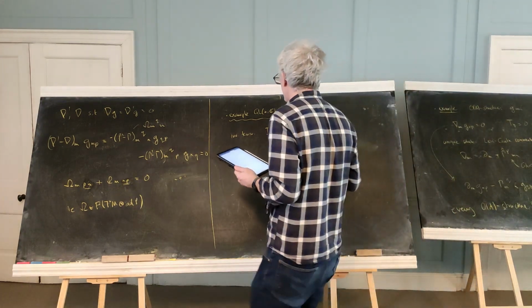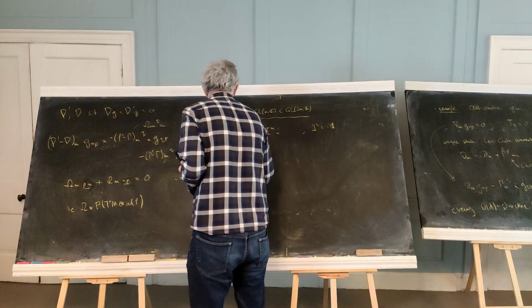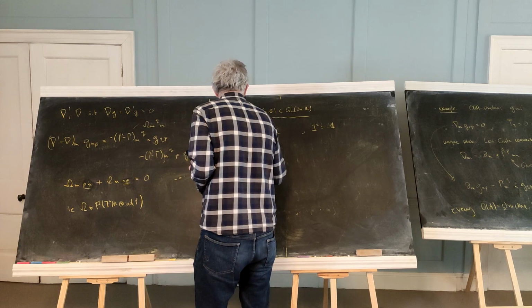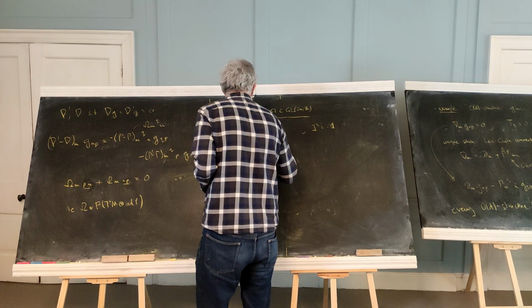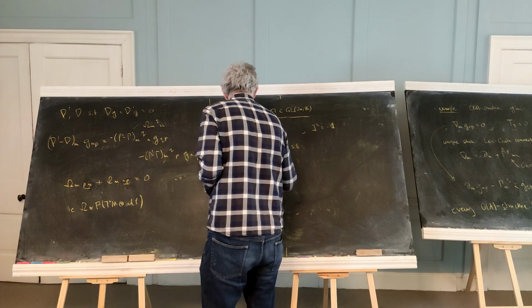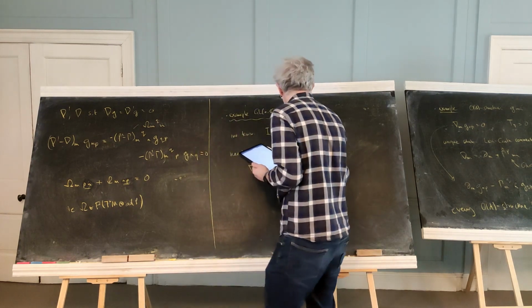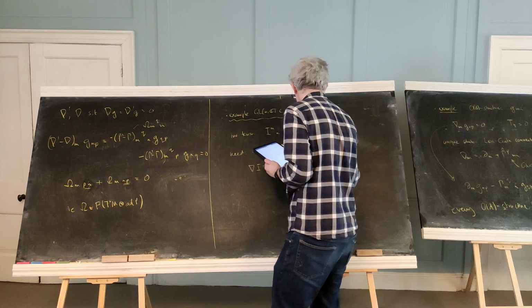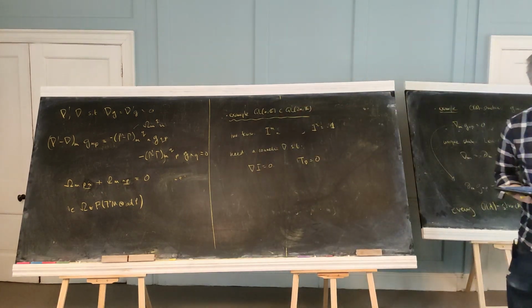So what we need is a connection such that the derivative of this thing is 0, and we also need that the torsion is 0. So let's see if we can find that.